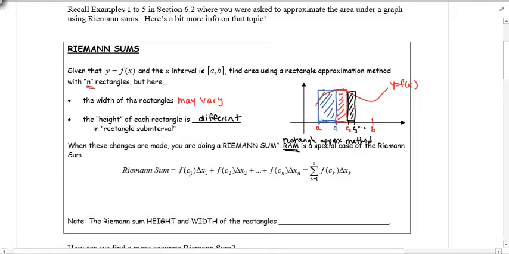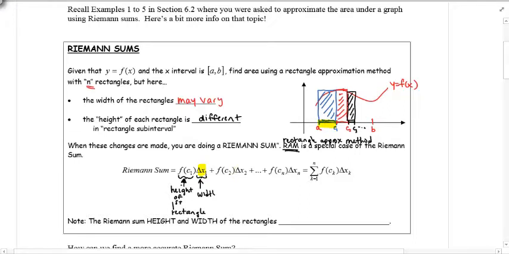So notice f of c sub 1 is really just the y value, or the height of your first rectangle, where delta x sub 1 would really be the width of your first rectangle. So in this case, delta x sub 1 will be what I'm going to highlight right here in yellow.